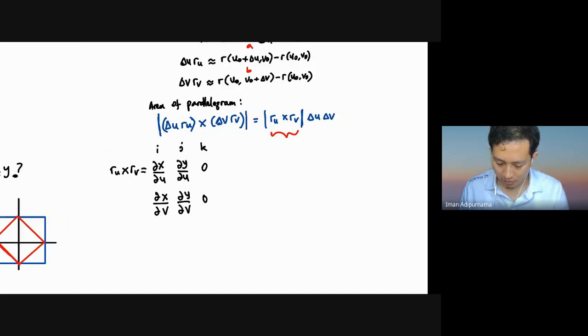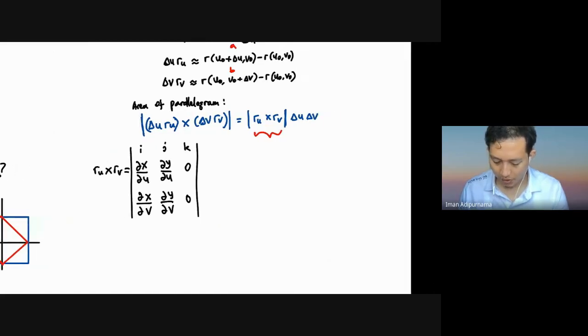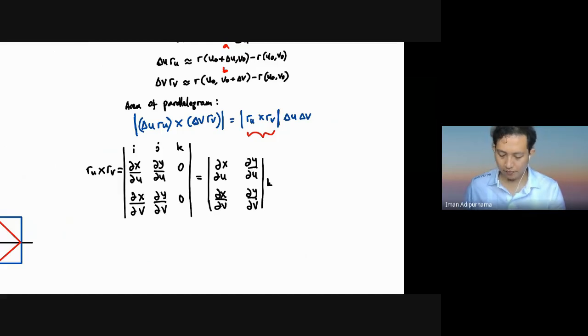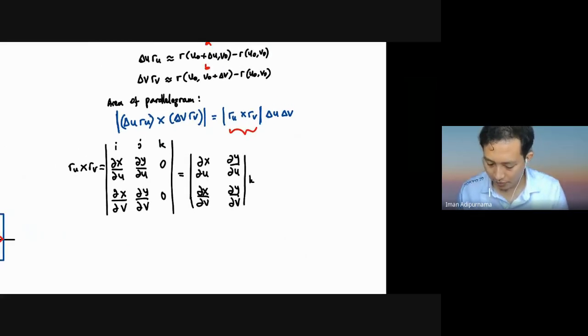Okay, now we can see from here, when I cross i with j, it becomes k, right? So it will be the determinant of this. And since the determinant is this minus this, right? The blue minus the red.